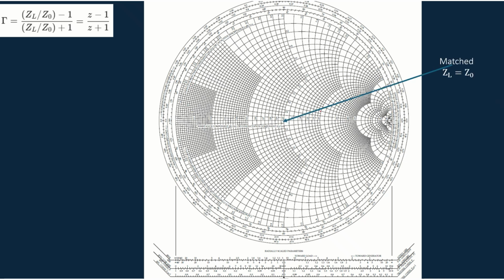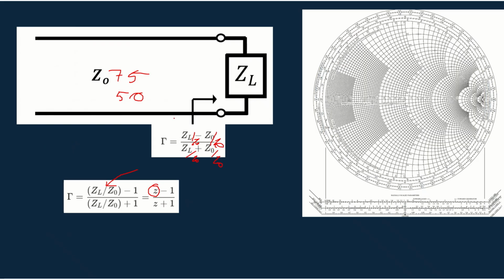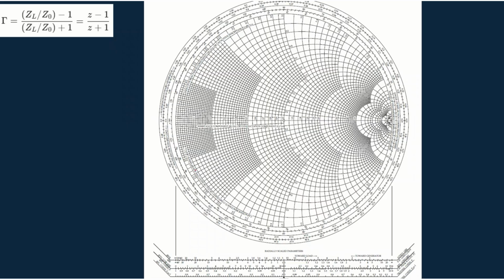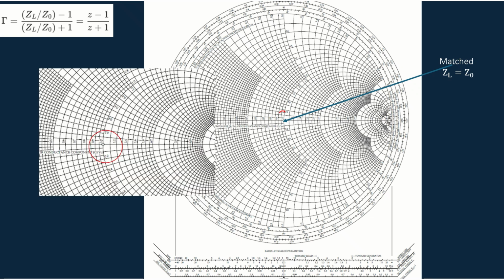So let's see what is meant by matched, or ZL equal to Z0. We know that if ZL equals Z0, there won't be any reflection. That is, it is completely matched. So in that case, if you want to represent the impedance, ZL by Z0 becomes 1. This 1 on the resistive line is known as the matched load.